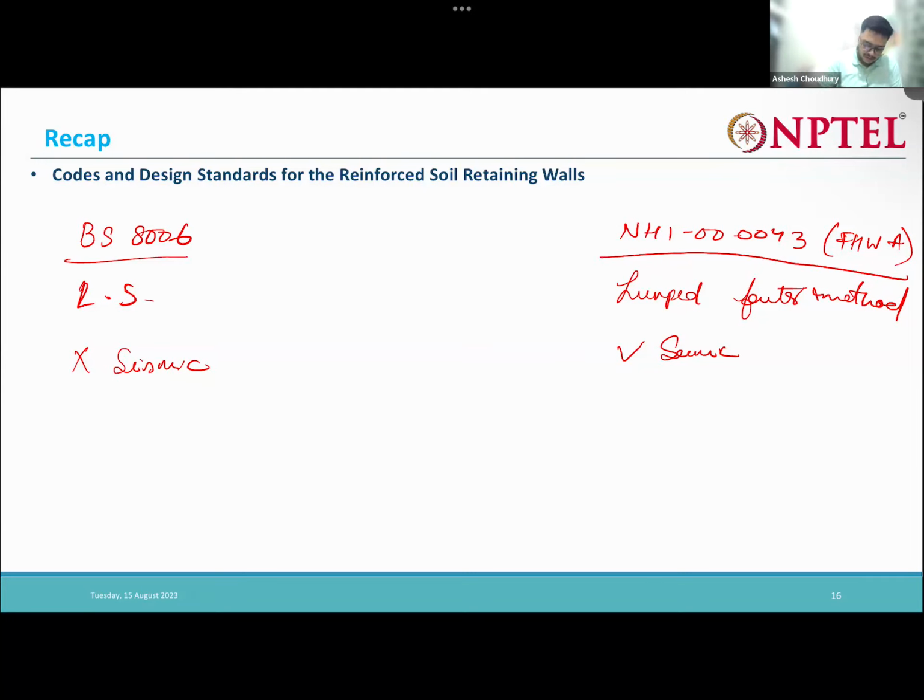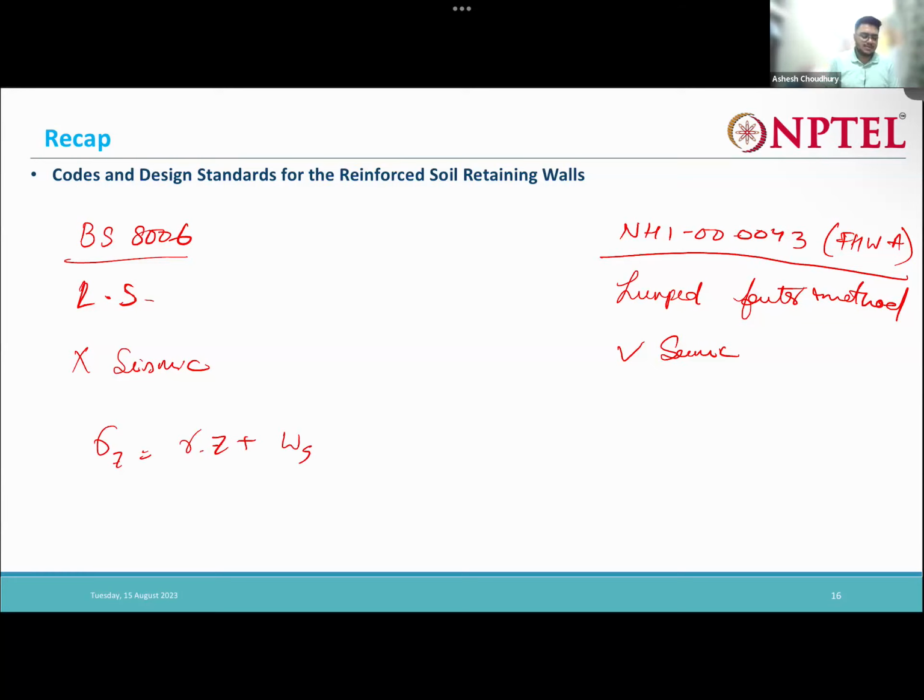Now, as per this BS code, the vertical stress is nothing but gamma into Z plus WS. So gamma is the unit weight, Z is the depth, and WS is the surcharge.